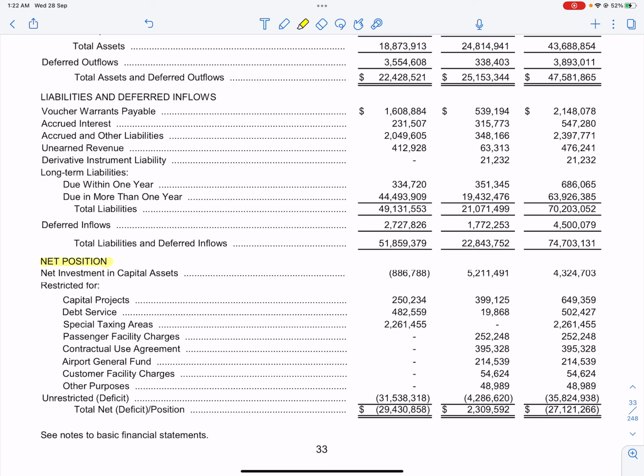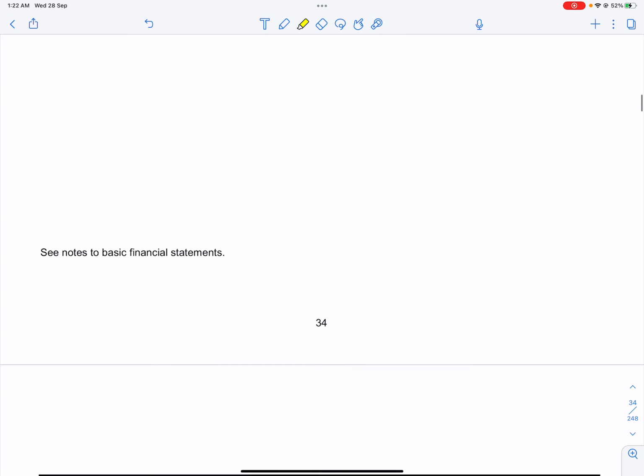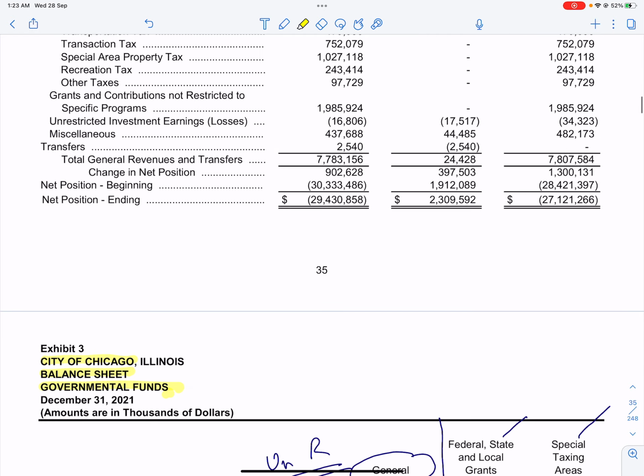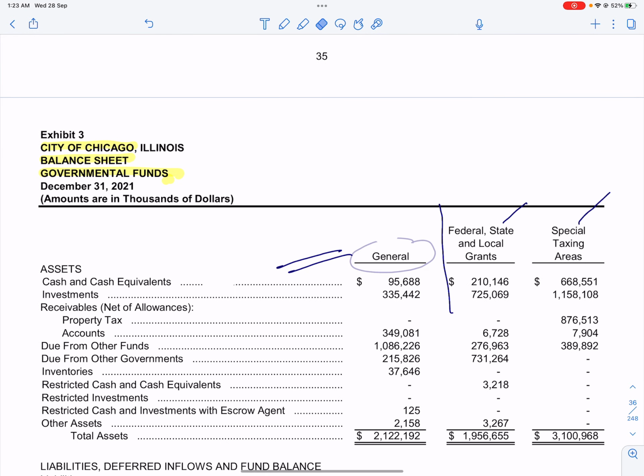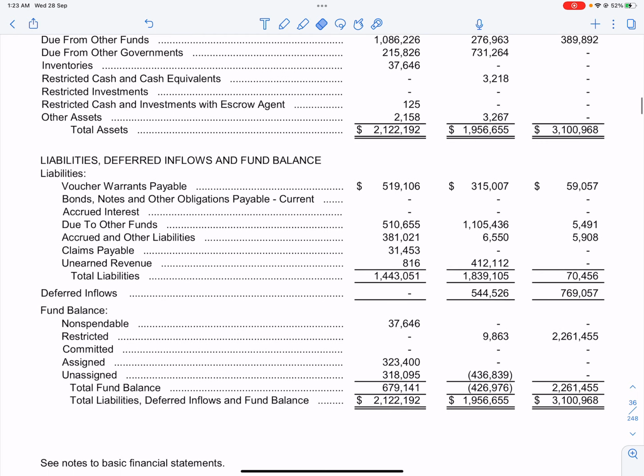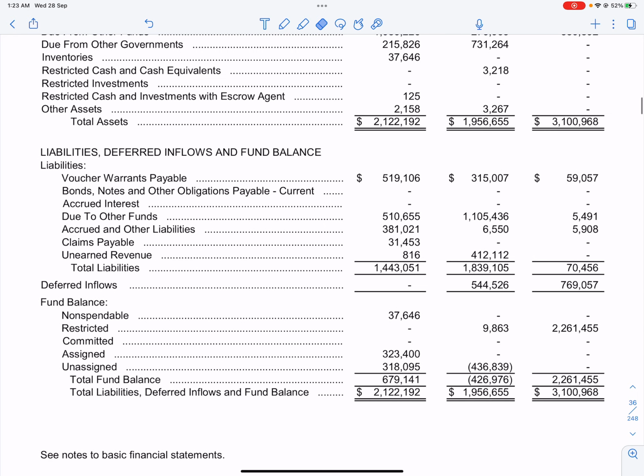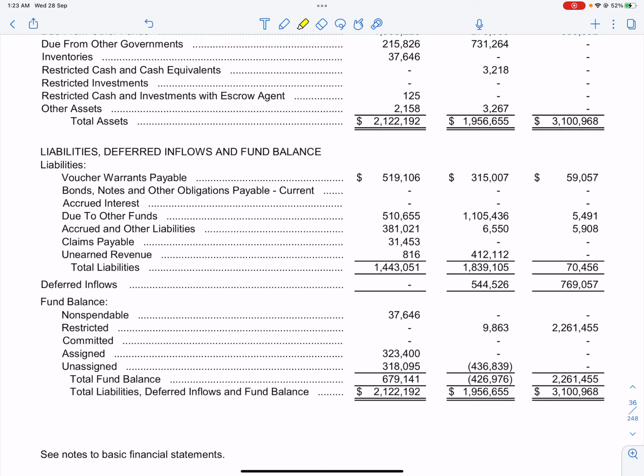In statements that are prepared on a modified accrual basis, here we have the balance sheet, and in the balance sheet for the city of Chicago, the governmental funds, assets minus liabilities is not called net position, but rather it is called fund balance.